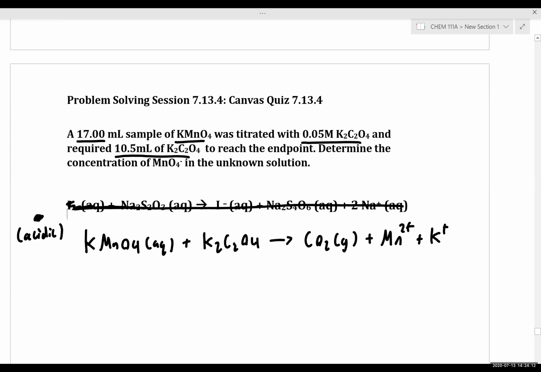Just as a note, we may have already balanced this redox reaction in an earlier example.